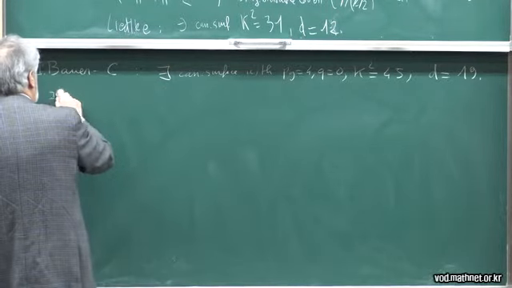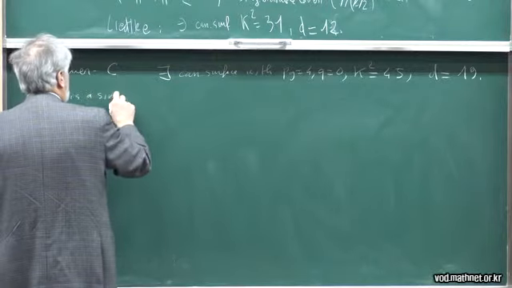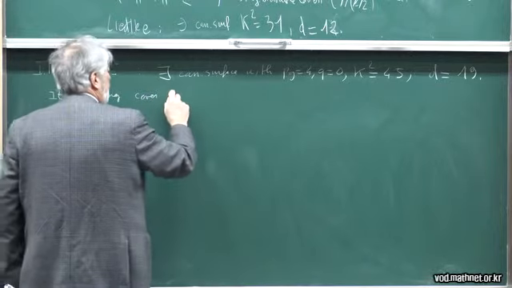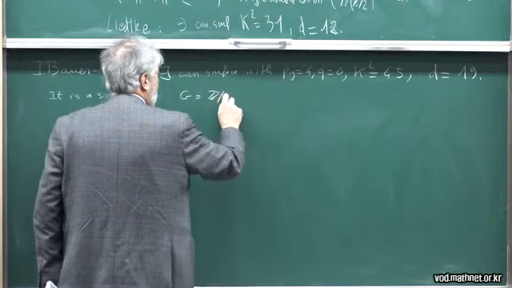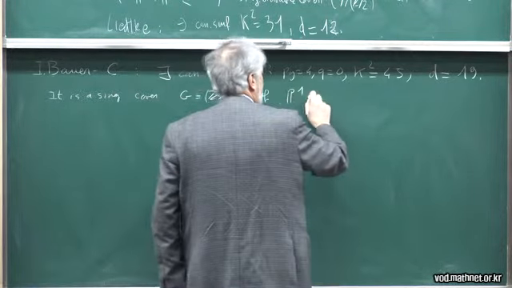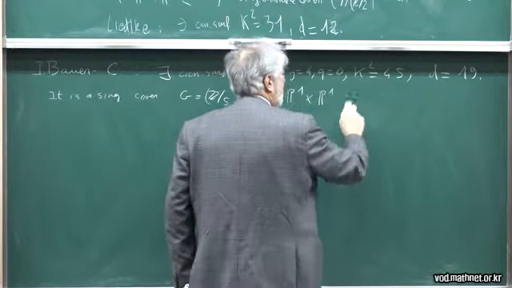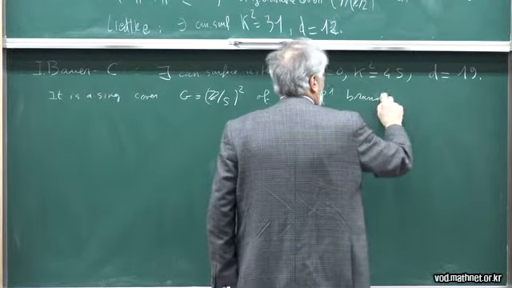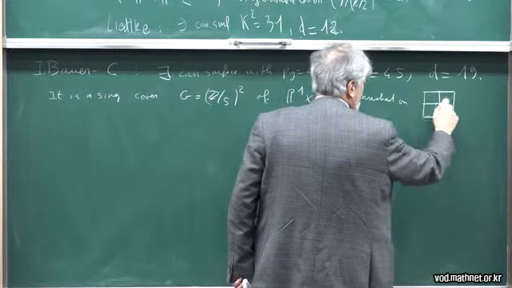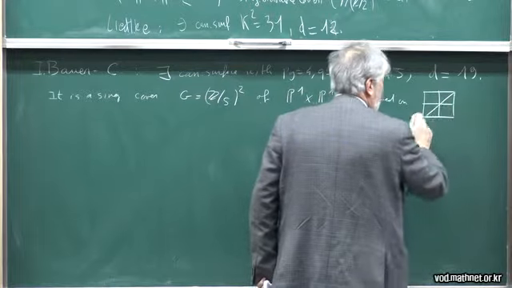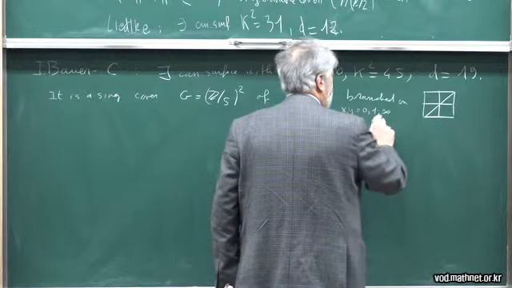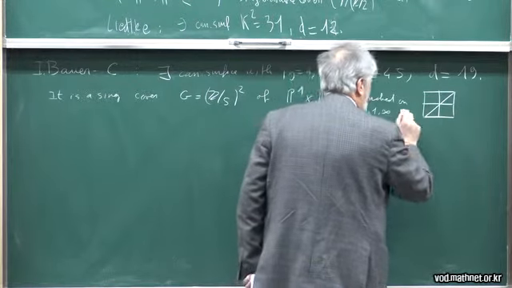It is a singular cover, with G equal to Z mod 5 squared, of P1 times P1, branched on, well, you take X, Y equal to zero, 1, infinity, plus the diagonal.